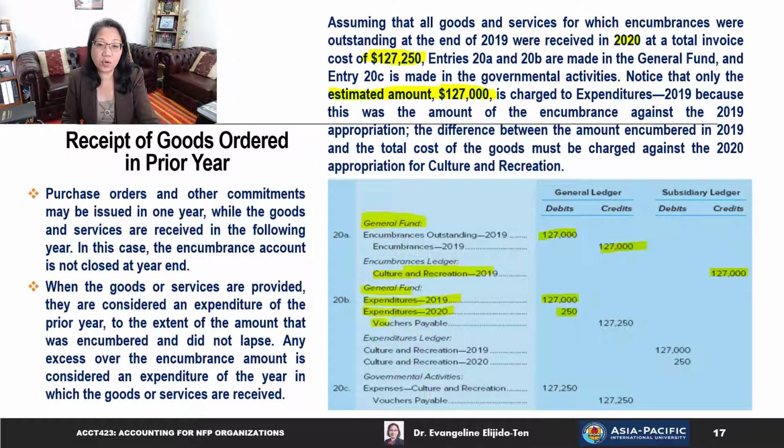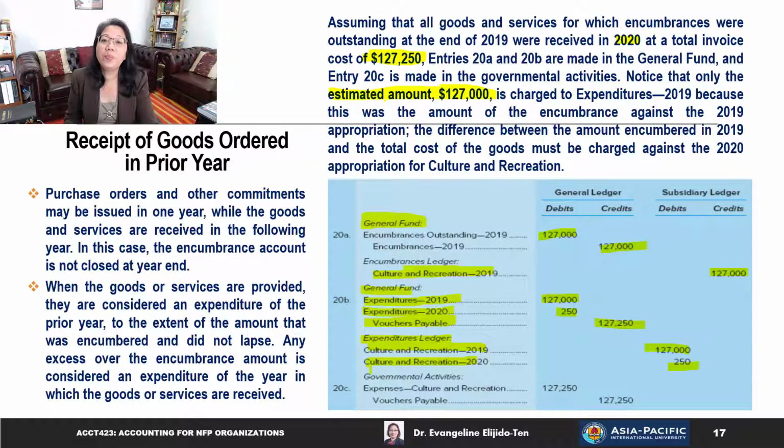And the credit would be to the liability account vouchers payable for the total of $127,250. In the expenditures ledger, we will be splitting up the culture and recreation debit to the subsidiary ledger. 2019 would be $127,000 and for 2020, $250.